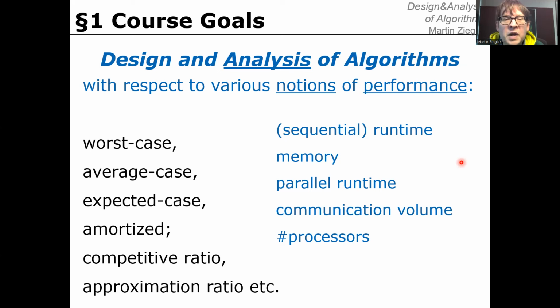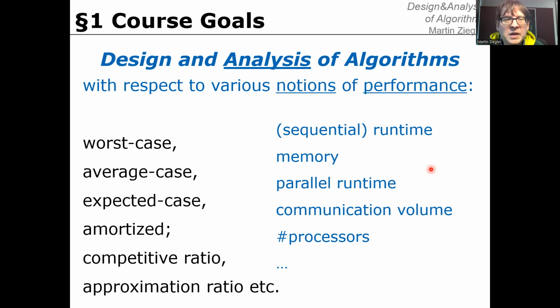If your algorithm is a very efficient parallel algorithm, but it needs thousands of processors, then even the best contemporary CPUs don't have enough cores to support that algorithm, and all the benefit of the parallel algorithm is wasted, as opposed to maybe a parallel algorithm which looks less efficient in terms of running time, but which needs fewer processors or less communication.